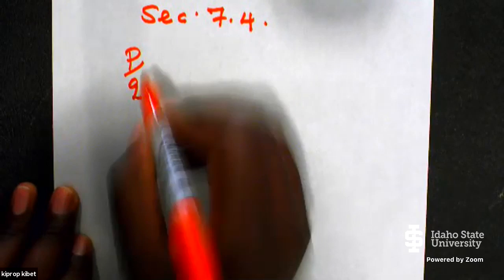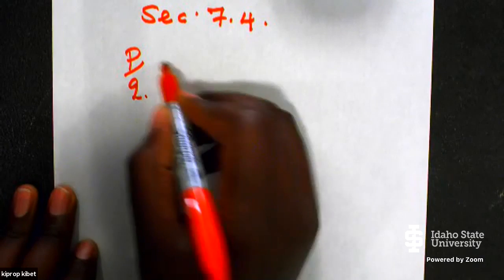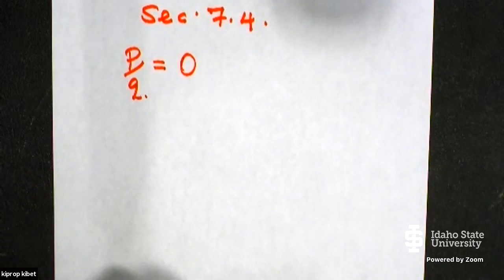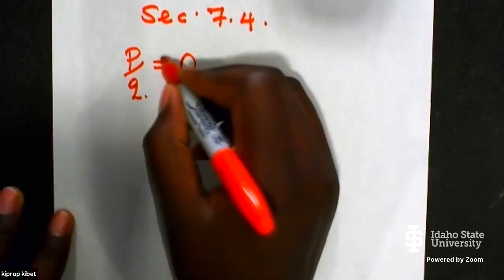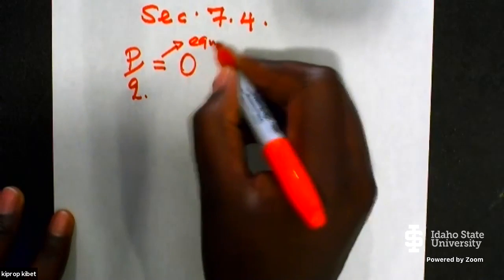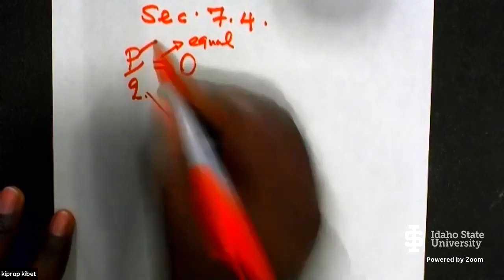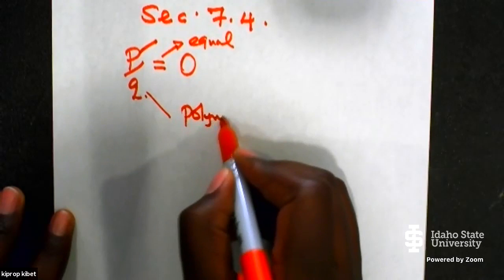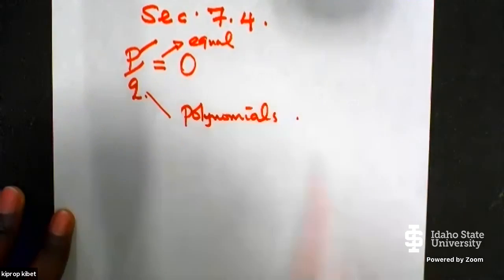Now in section 7.4, this is where we are talking about the rational equation, where we have the equal sign here. And P and Q are polynomials.